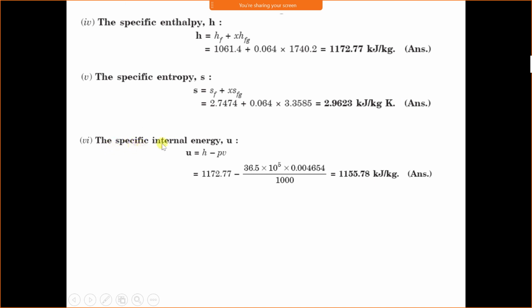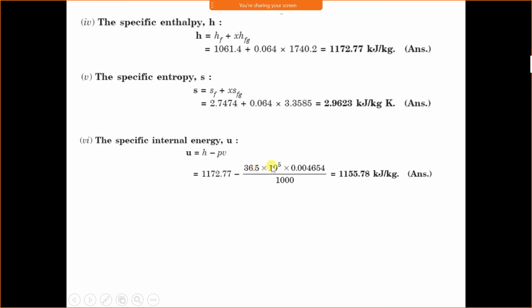Then specific internal energy. Specific internal energy U is equal to H minus PV, and H is equal to 1172.77. Look here, 1172.77 minus PV. P is the saturated pressure corresponding to the given temperature, that is 36.5. Here I have written 10 raised to power 5. We have to use pressure in Pascal in this formula, and in the steam table pressure is given in bar.